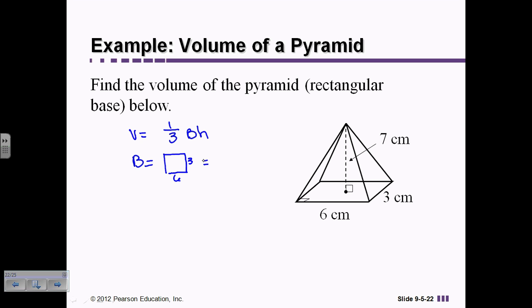So to find the area of that, we're going to do length times width, which is 18 centimeters squared. The height of the pyramid is 7. So now I can find the volume. Volume equals 1/3 big B times H. So the volume equals 42 centimeters cubed.